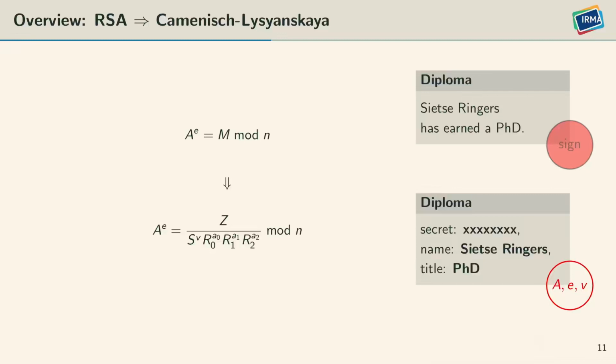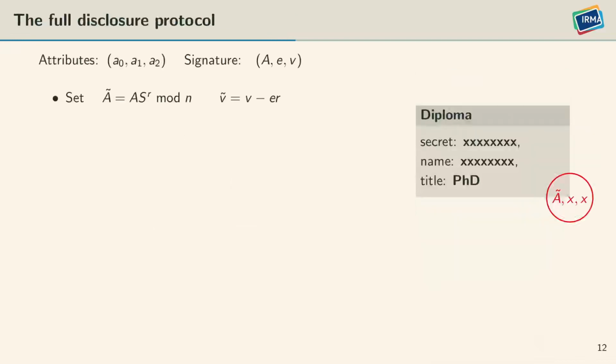Right. So having seen all that, let's now look at how all of that works together in an actual disclosure in the following slide. This slide shows you the disclosure protocol of Idemix for a single credential. Let's suppose that we want to disclose attribute number 2, the PhD attribute, the one on the bottom there.